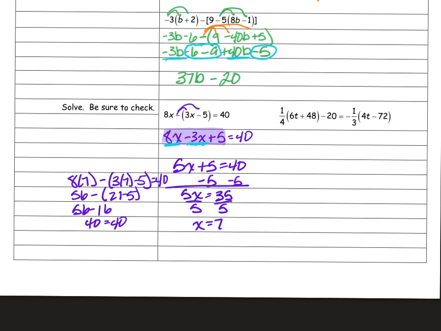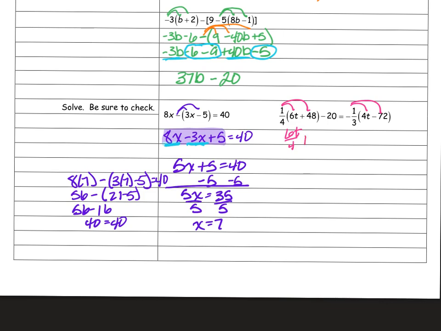Okay, so now let's talk about this last problem, which is kind of your favorite thing to do. Let's just say that. It's fractions, right? So we're gonna do what we can to solve this equation. So I am going to distribute first. I'm going to distribute these fractions into there. So 1/4 times 6t is 6t divided by 4.